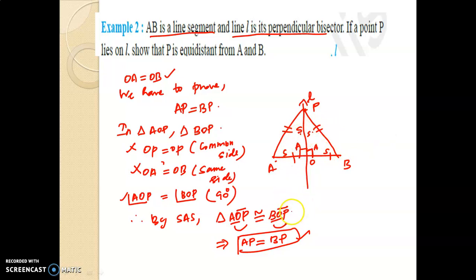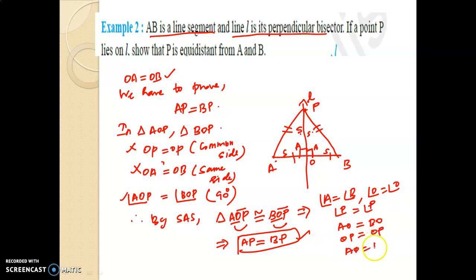If two triangles are said to be congruent, how can you write the procedure? We write angle A equal to angle B, angle O equal to angle O, angle P equal to angle P, that is the angle property, and the side property AO equal to BO, OP equal to OP, and AP equal to BP.